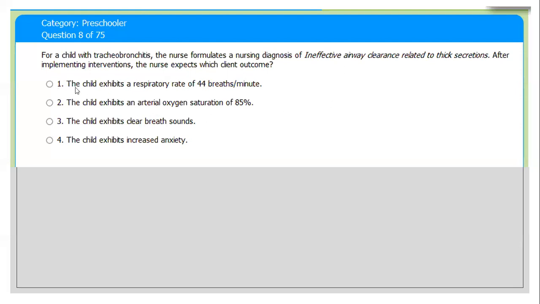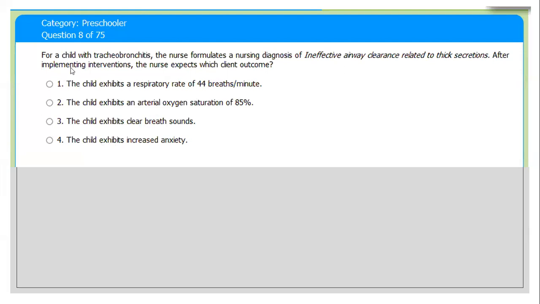Number one, the child exhibits a respiratory rate of 44 breaths per minute. Number two, the child exhibits arterial oxygen saturation of 85. Number three, the child exhibits clear breath sounds. And number four, the child exhibits increased anxiety.